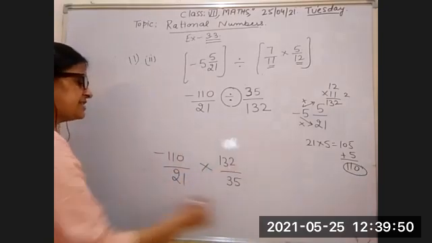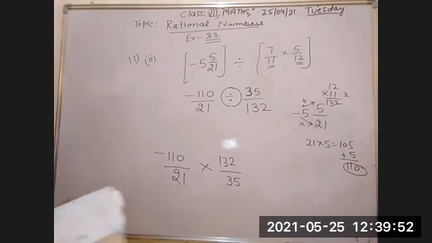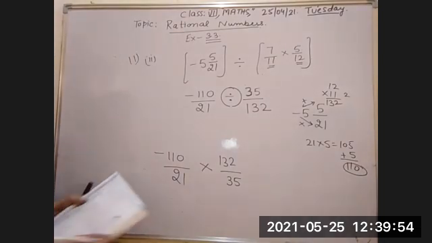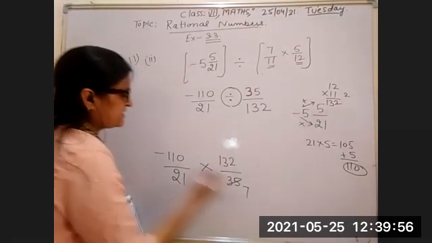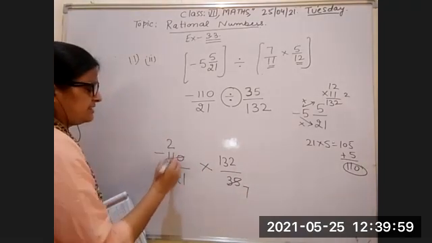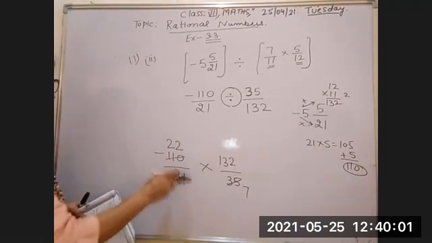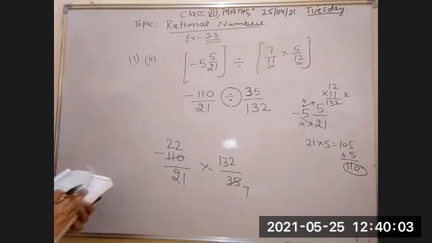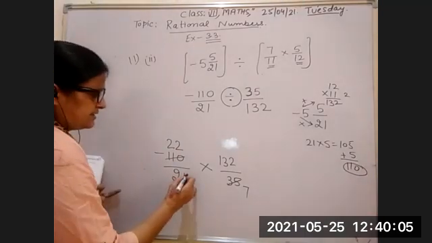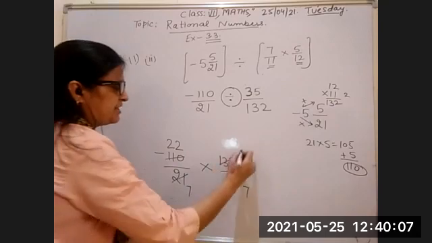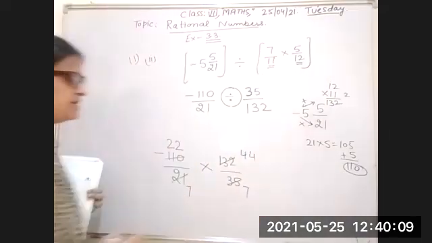Now you have to cancel the numbers which cancel, and then you get the answer. 5 7s are 35, 5 2s are 10, 5 2s are 10. These are cancelled. Now which number is cancelled here? 3 7s are 21, 3 4s are 12, 3 4s are 12.